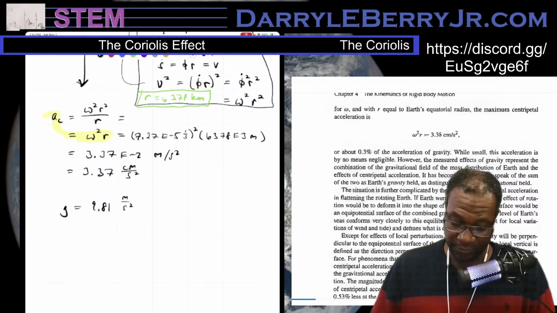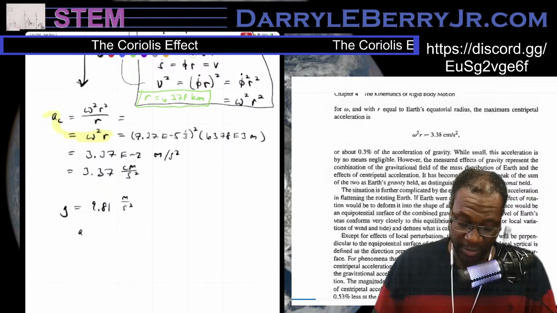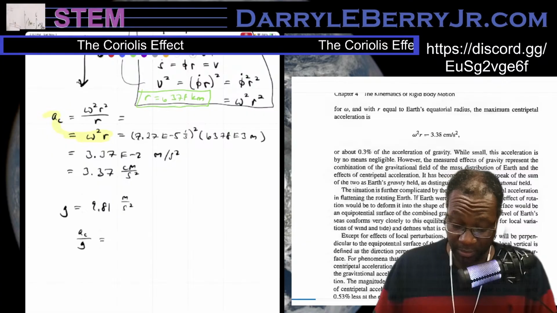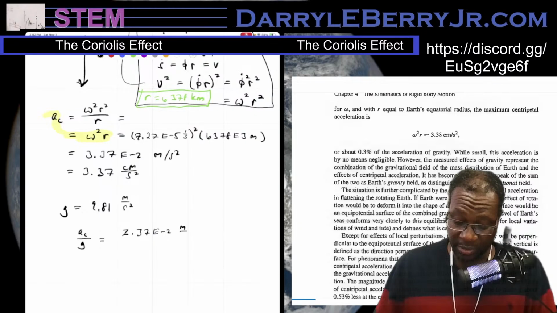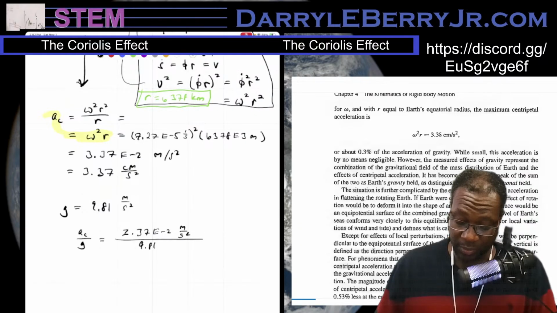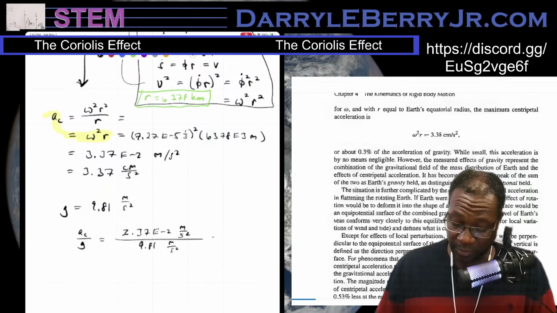All right, so let's see what this is. So a_c divided by g is going to be 3.37 times 10 to the negative 2 meters per second squared divided by 9.81 meters per second squared.